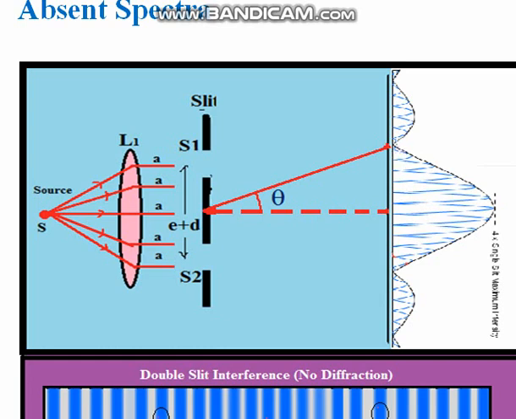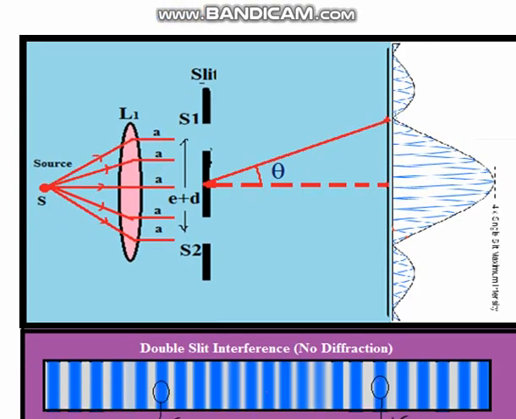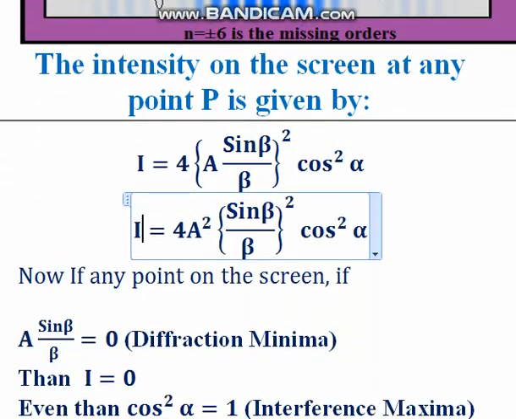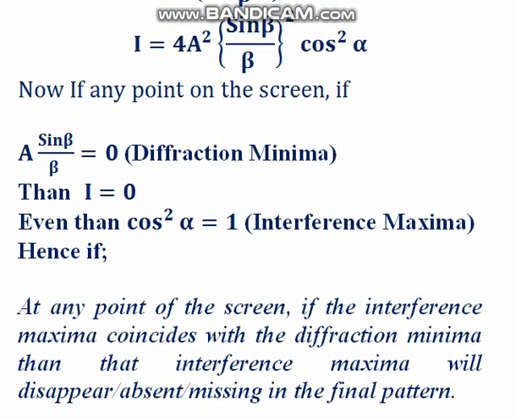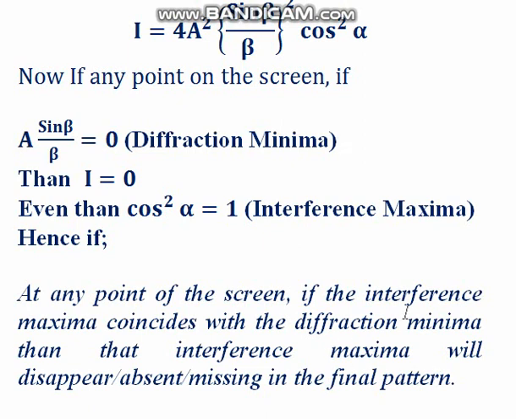You can observe again that this is the intensity formula. At a particular point, if there is a diffraction minima, then the intensity is 0. Hence, if at any point of the screen an interference maxima coincides with the diffraction minima, then that interference maxima will disappear, will be absent or missing in the final pattern.